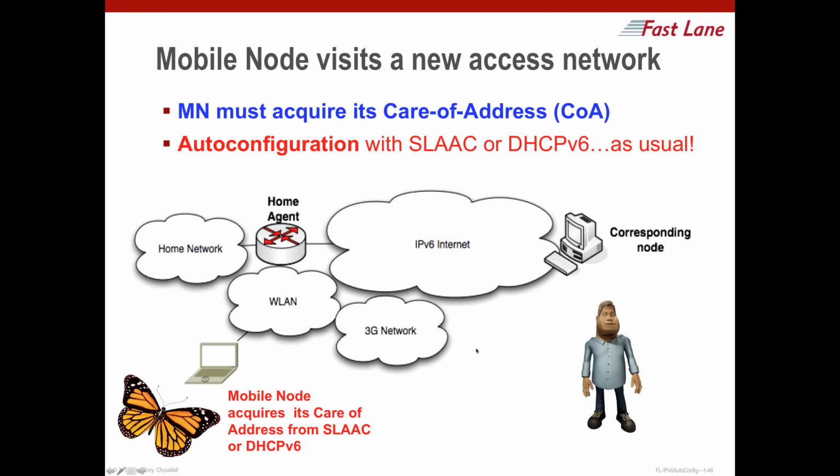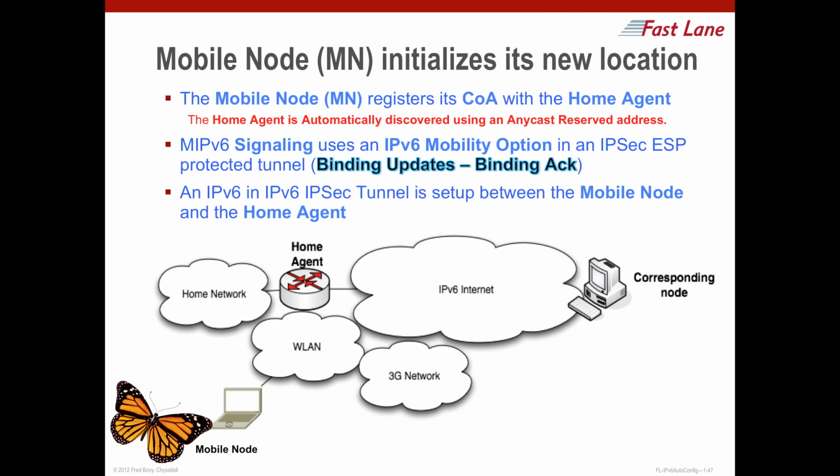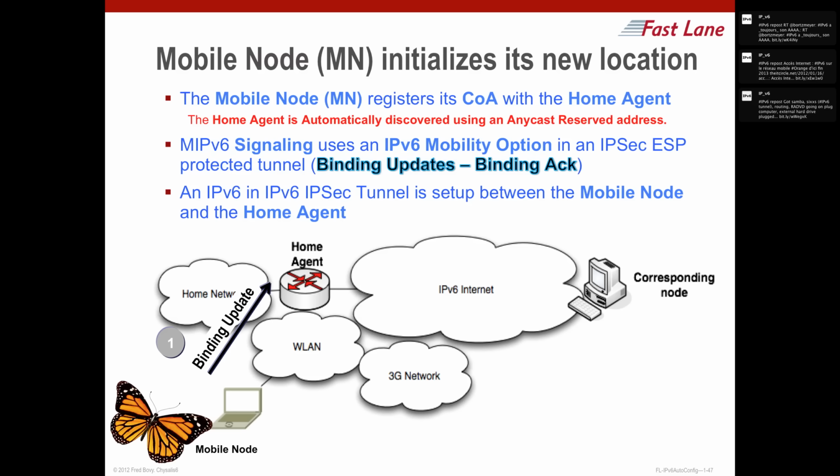What is happening next is that the mobile node is going to send a binding update to the home agent. The home agent is basically your home router, which has a particular function which supports mobile IPv6, and which is a very important node in the mobile IPv6 architecture.